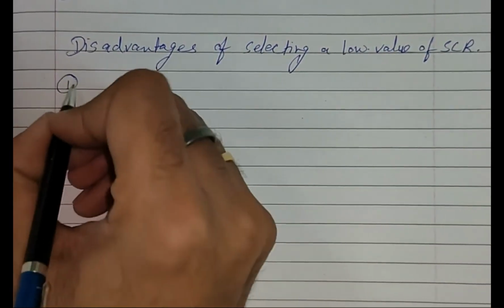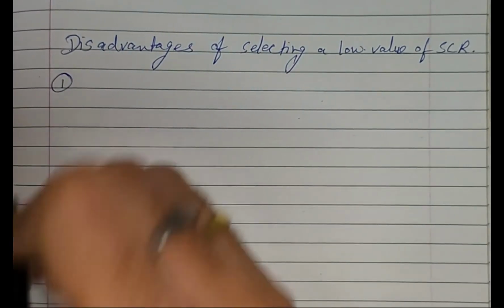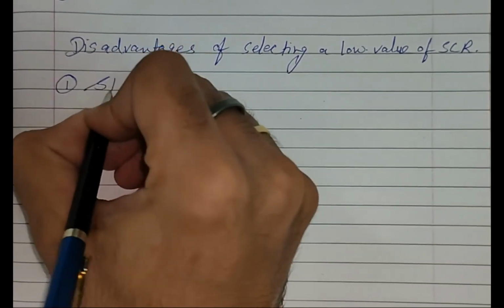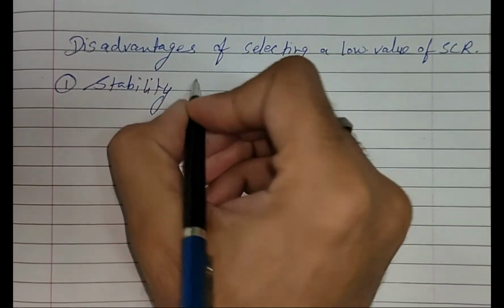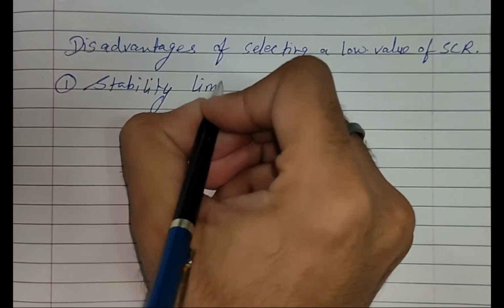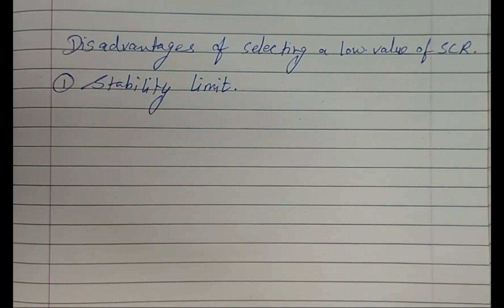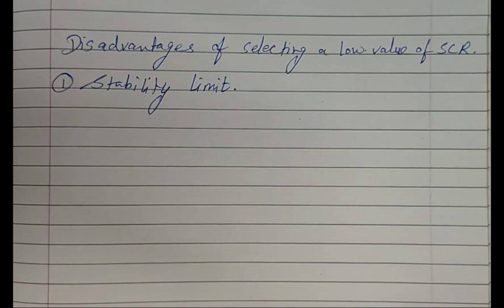So the first point I would like to discuss is the stability limit. The maximum power availability is directly proportional to the short circuit ratio, as the stability will be poor with a low value of SCR.